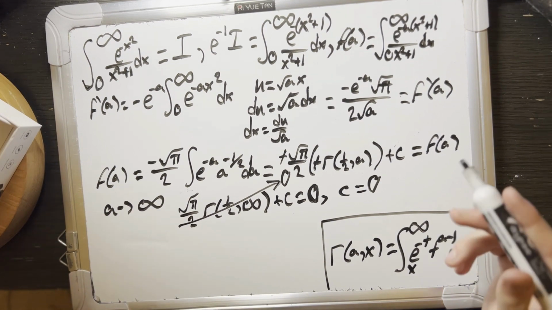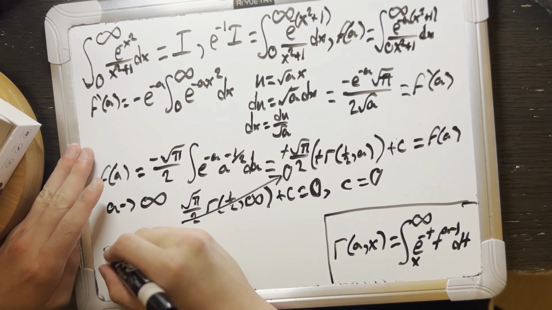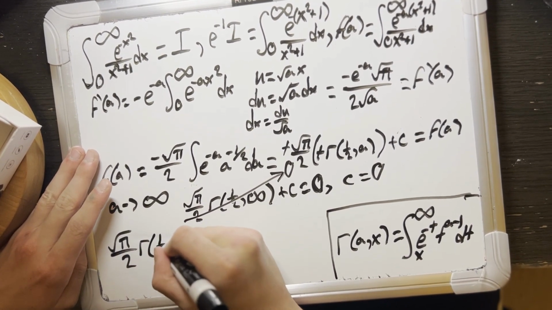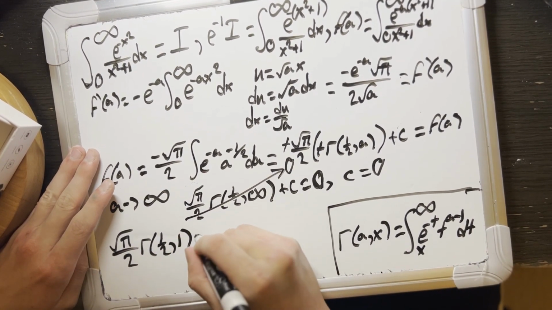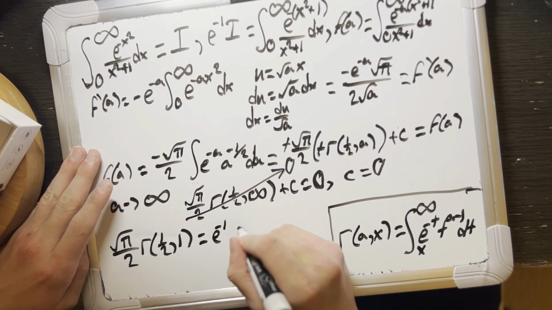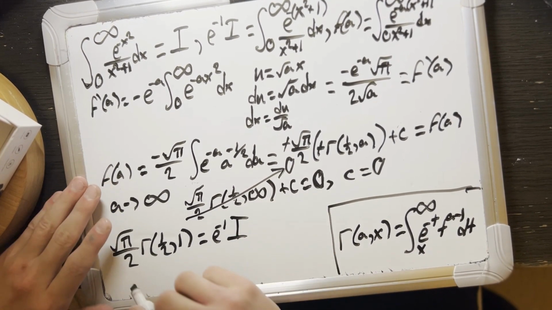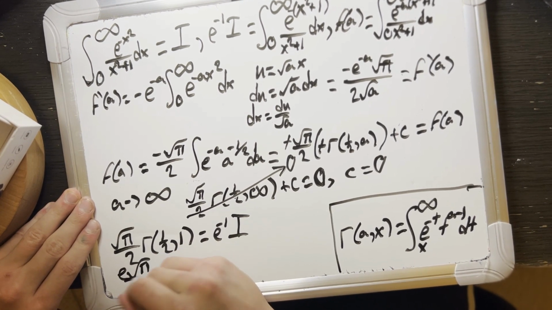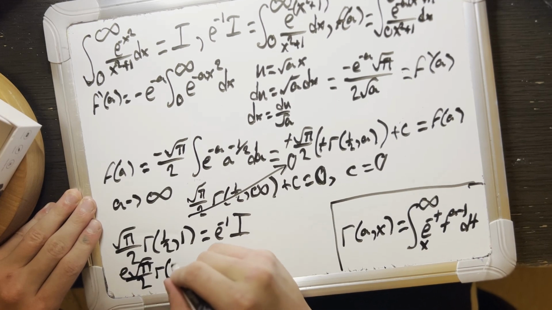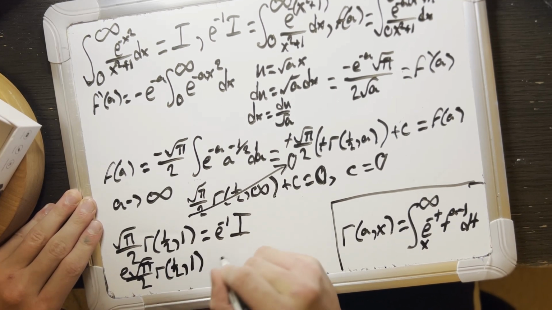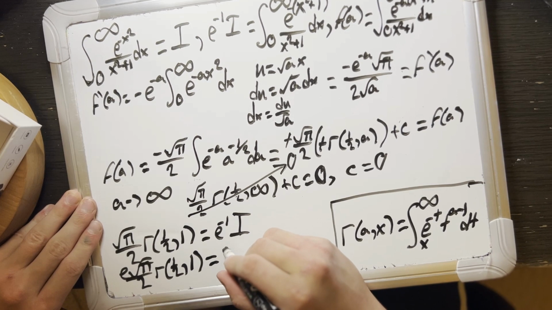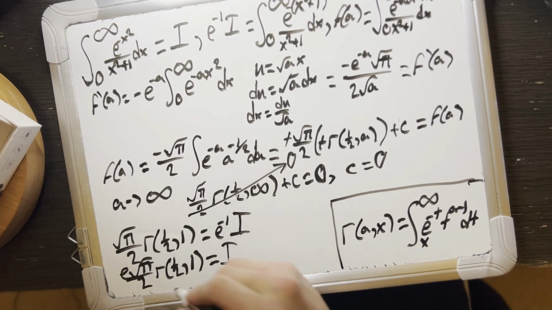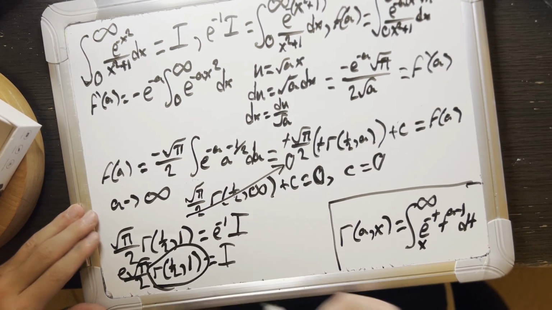So we're going to let a equal 1, and we get square root of pi over 2 times gamma of 1/2 and 1 equals e to the minus 1 times I. Multiply both sides of the equation by e, and you get e times the square root of pi over 2 times the gamma of 1/2 and 1 equals I. However, this is not pretty due to this bastard right here, pardon my French.